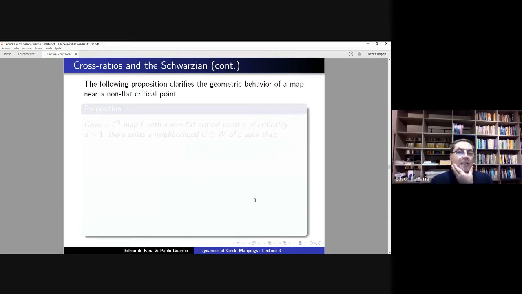Now I should clarify where this Schwarzian derivative is appearing. Why is it important? So the point is that when you have a multicritical circle map, with these non-flat critical points, then near a non-flat critical point, the map naturally becomes a map with negative Schwarzian, okay?